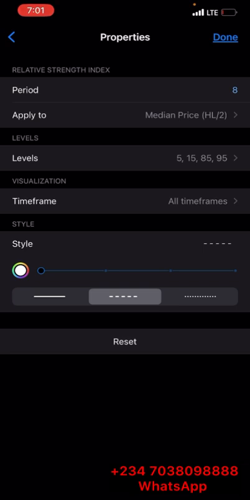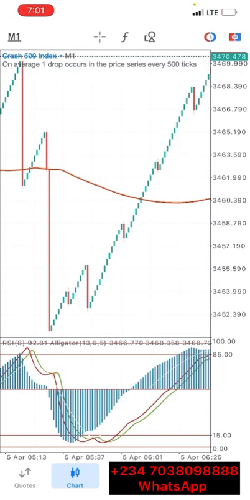Then under style, you need to put white. If you're using a white background, use white. Reduce the pixel to the least, because we don't want it to be obvious on the chart, so that it will be very tiny. That's it. You have your RSI.